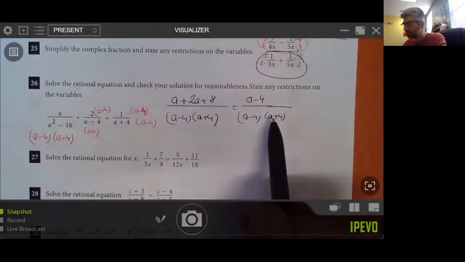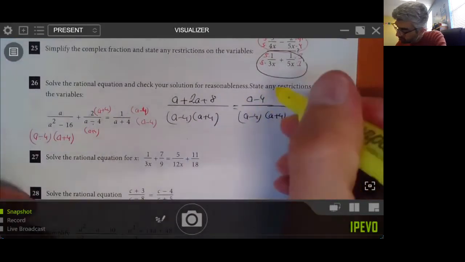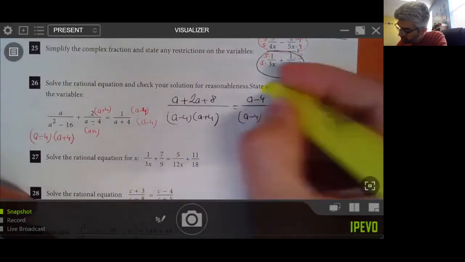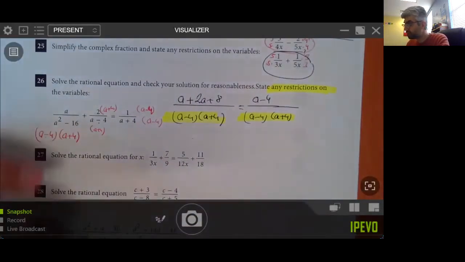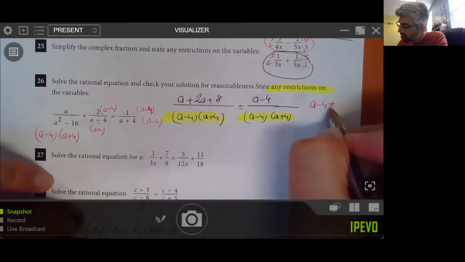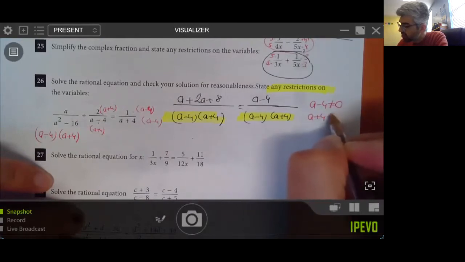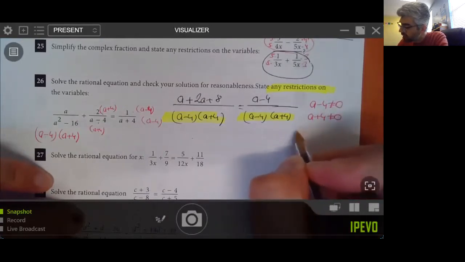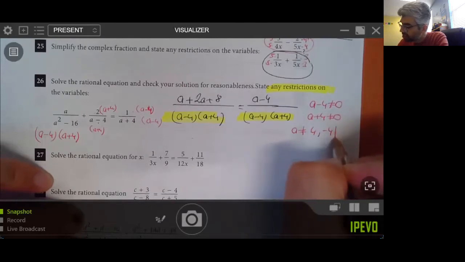Okay, but from here, what is important? Restrictions. Denominators are important for the restrictions because we know denominator cannot be 0, right? So a minus 4 must be different than 0, and a plus 4 must be different than 0. It means a must be different than 4 and negative 4.